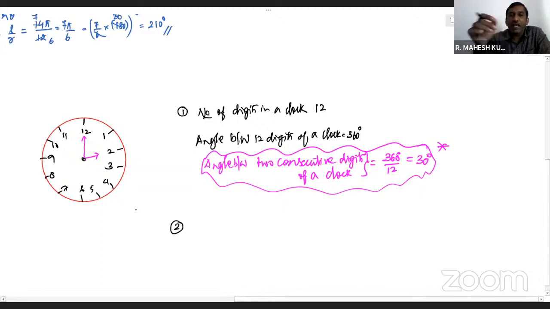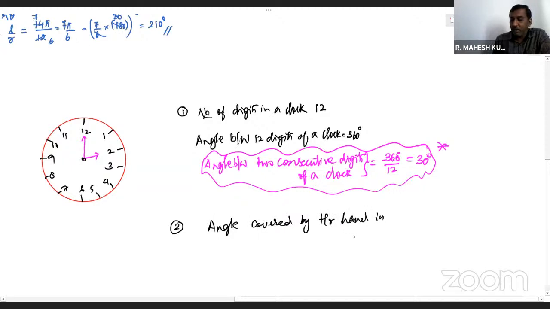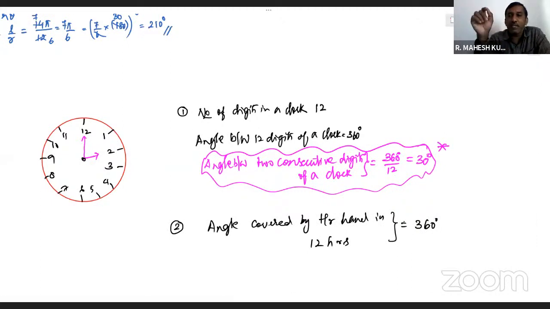So the angle covered by the hour hand in 12 hours is always 360 degrees, right? So you can write the angle covered by the hour hand in 12 hours. If the hour hand rotates for 12 hours, one circle is complete. So the angle it is going to cover is 360 degrees.